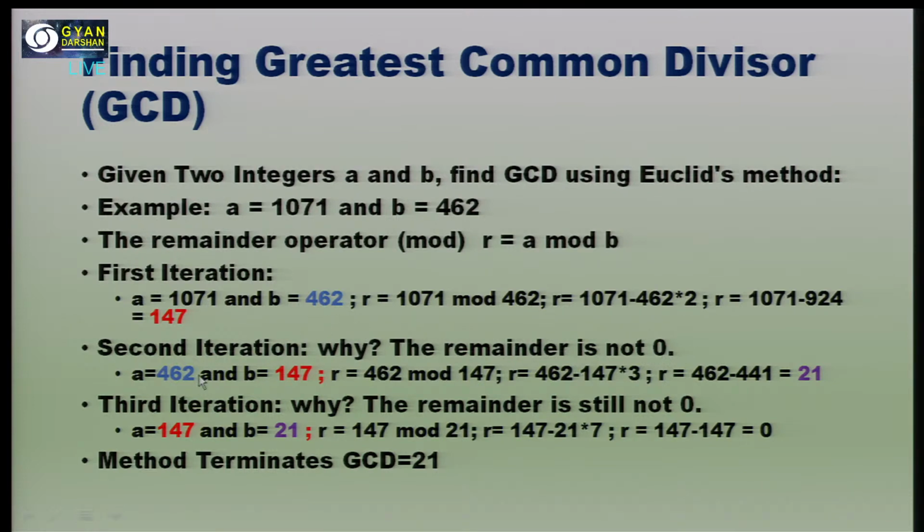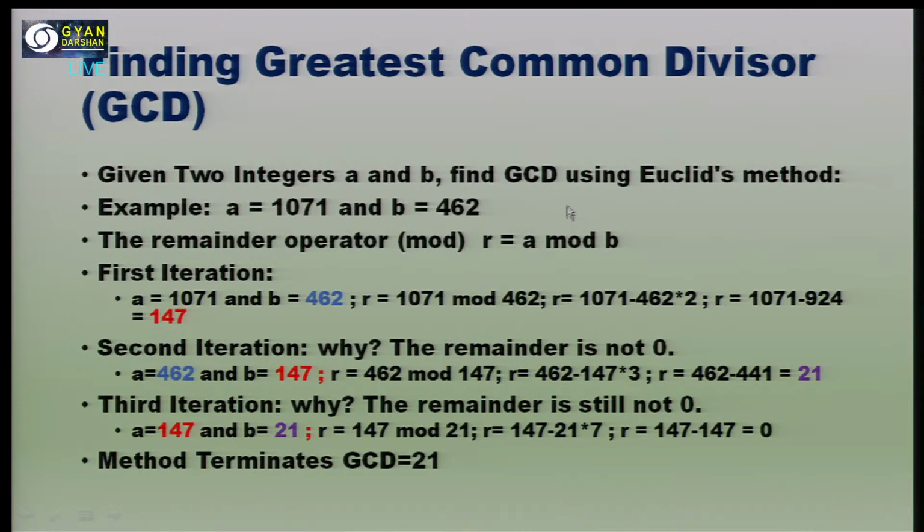All right. So now what you are going to do, 462, which was B, is going to be transferred to A, and the remainder which you have computed, which was not 0, will be transferred to B. So now the next step is that the problem of finding the GCD of 1071 and 462 now becomes the problem of finding the GCD of 462 and 147.